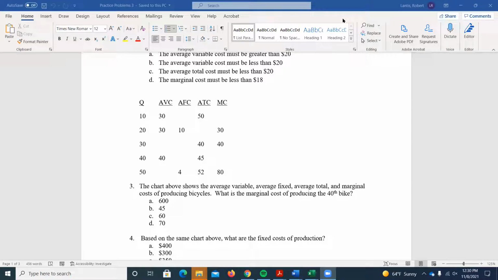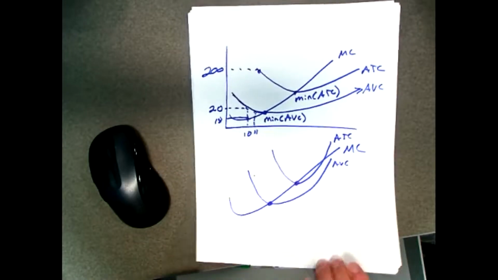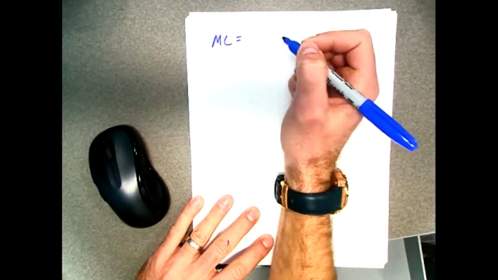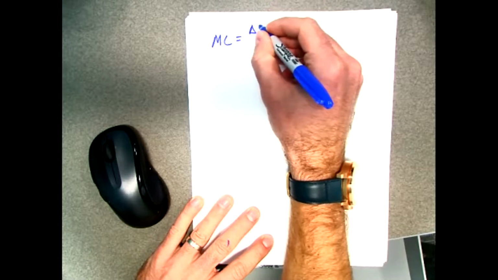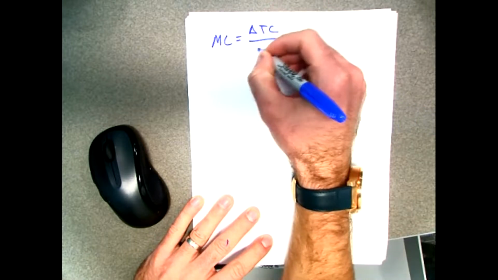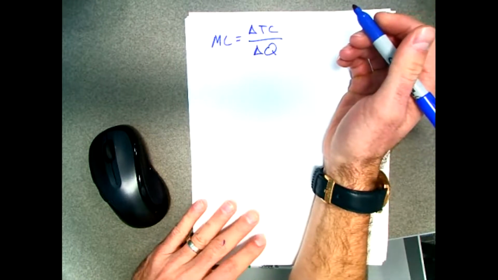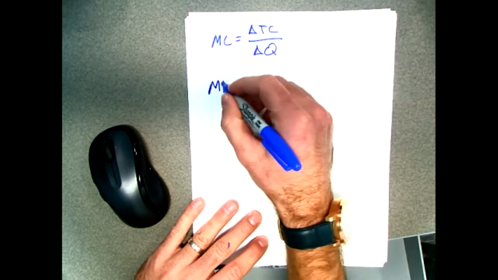Okay. Well, before we even look at the numbers or look at the table, let's remember how we calculate anything that's marginal, right? So my marginal cost simply means the change in my total costs divided by the change in the number of units I produced, right? We then also had things like marginal revenue.